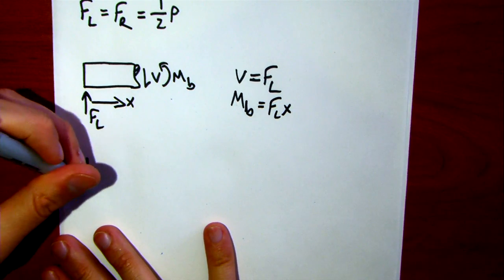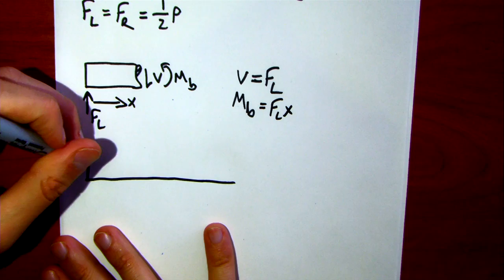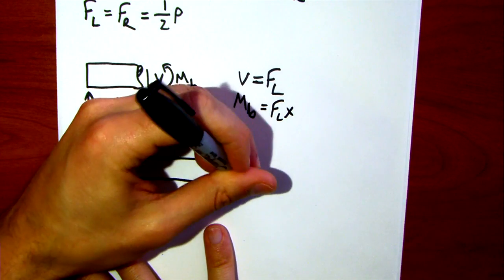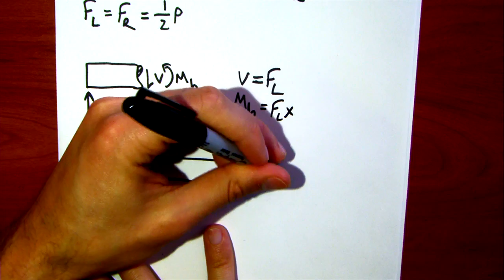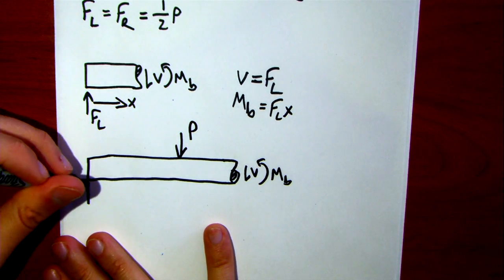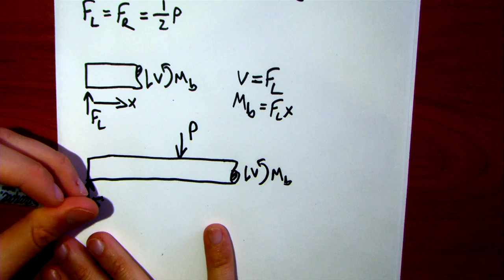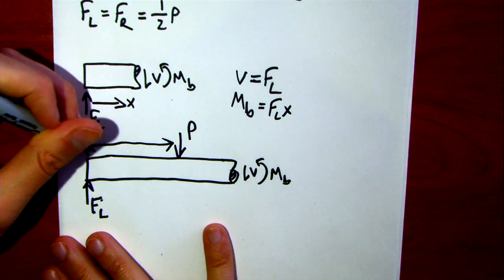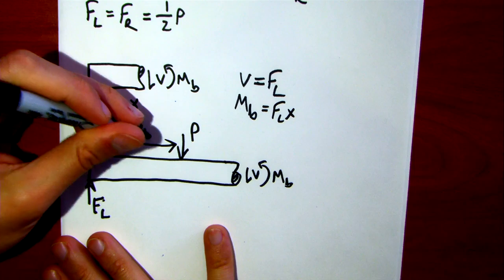Similarly, if I go to the other side of P, that's where my other section would need to be. There's P, there's FL. For completeness, there's the distance there.